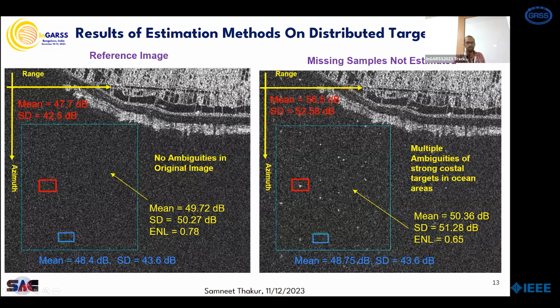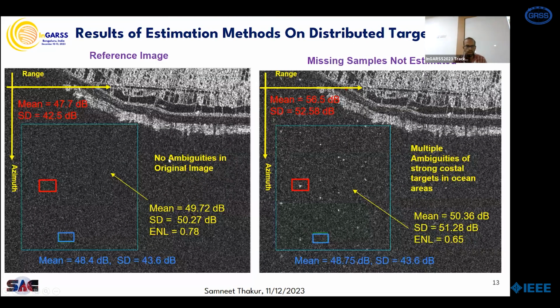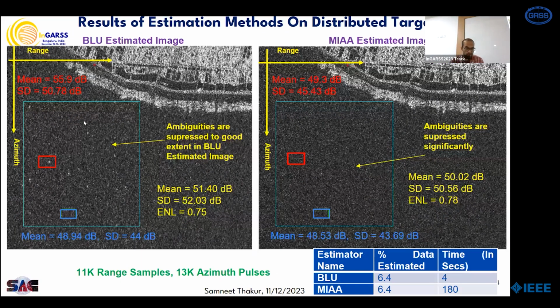And if you estimate using BLU and MIA, BLU is working better as compared to when you were not estimating the data, but its performance, at least for point targets, is not that good as compared to MIA. It is significantly 1.5 dB away from MIA.